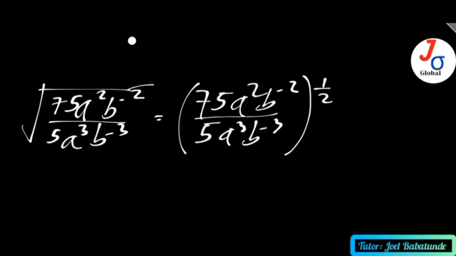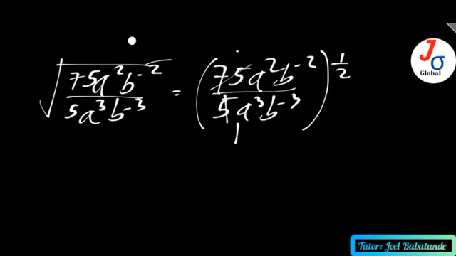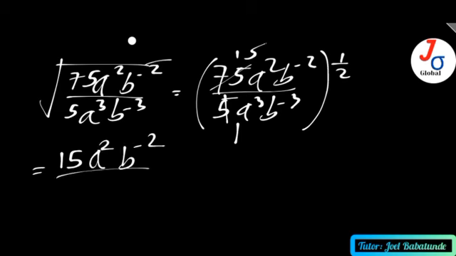Then 75 divided by 5 is 15. And so we have 15a squared b to the power of minus 2, divided by a to the power of 3 b to the power of minus 3, all to the power of half.